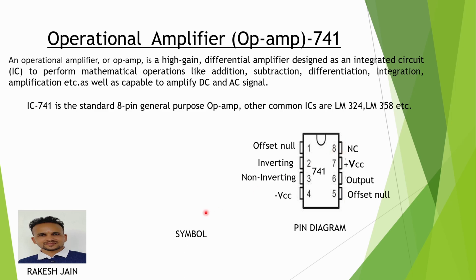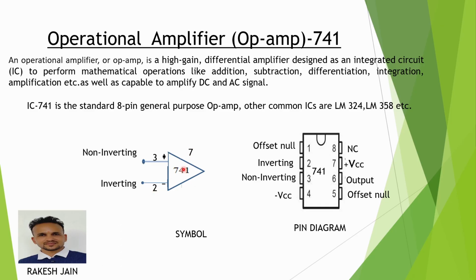The basic symbol for the operational amplifier is shown like a triangle shape, in which this terminal is the positive terminal, the non-inverting input pin, that is third pin. This pin is the negative pin, that is second pin, the inverting input pin.